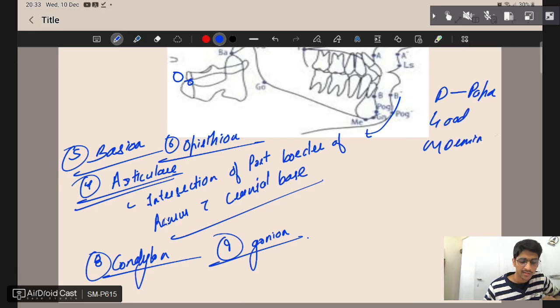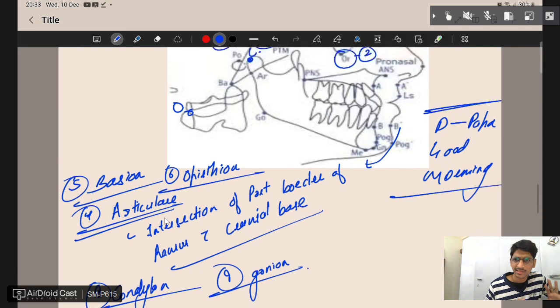If you remember it like this, there will be no mistake. You have to visualize this. Pogonion is basically the most anterior point on the chin. You can see this is the most anterior point. This is pogonion.